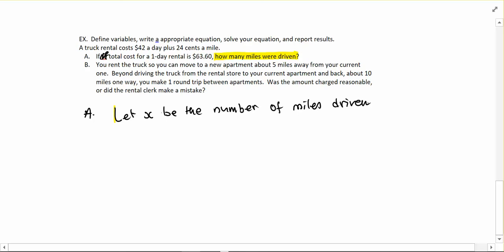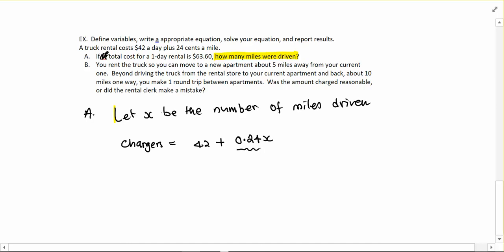Alright, so charges would be $42 regardless if I keep it for one day, plus 24 cents a mile. So now be careful, we've got to do everything in the same units. So it's 0.24 times x.